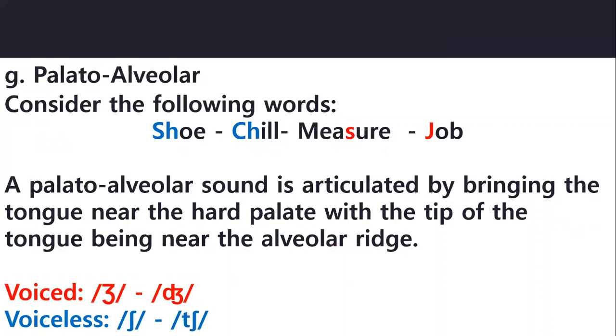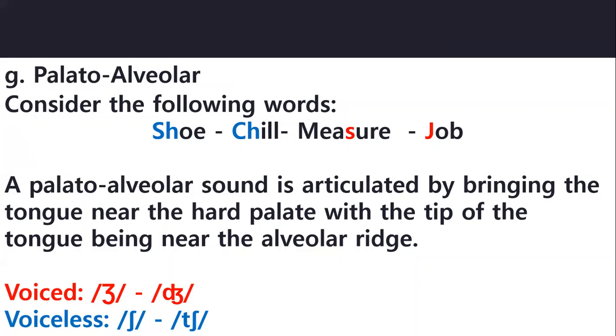Moving to palato-alveolar with the words shoe, chill, measure, job. These sounds are articulated by bringing the tongue near the hard palate, with the tip of the tongue being near the alveolar ridge.